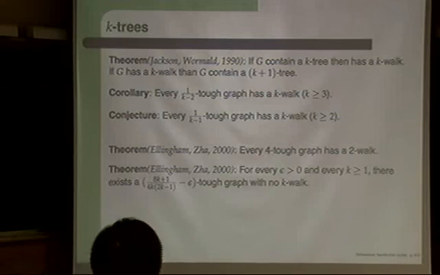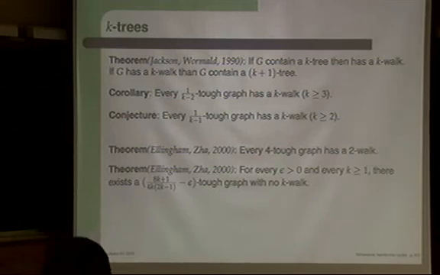It really can be improved, because they also tried to find lower bounds, and they found graphs containing no k-walk with toughness this number. For example, for a Hamiltonian cycle, you get 9 over 4, I believe, for a tough graph with no Hamiltonian cycle. For a 2-walk, I think it's 17 over 24 or something like that. But definitely, for growing k, this fraction goes to 0.